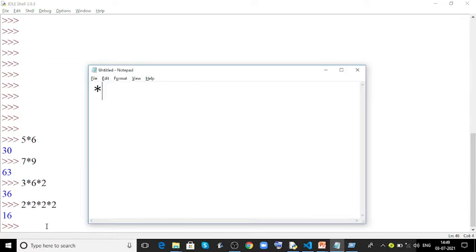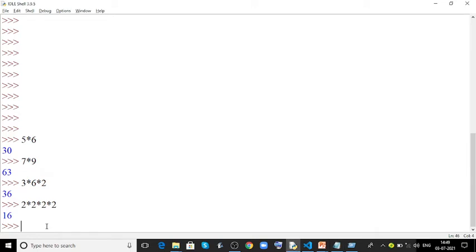Now the next one, the divide operator, division operator, right? Suppose 4 divided by 2. What is the answer you will get? 2.0. Okay. If I divide 8 divided by 4, what is the answer I will get? 2.0. 10 divided by 5, what is the answer I will get? 2.0.